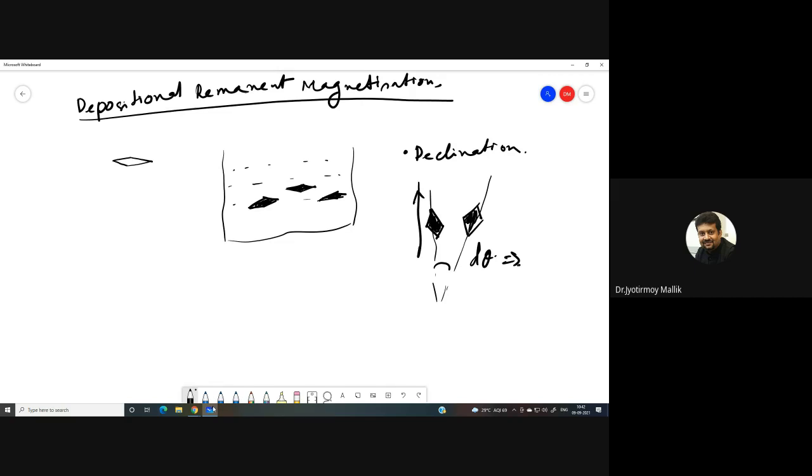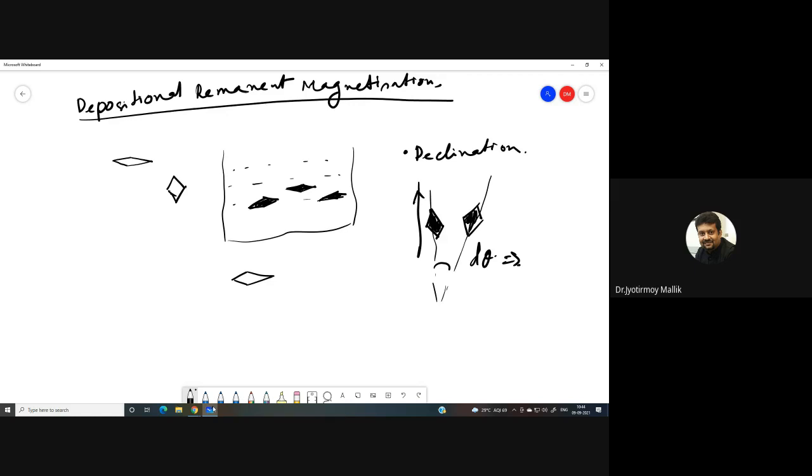Similarly, if this grain is being settled at the equator, then I should expect that the grain would settle down horizontally, if it is only because of the magnetic field. And if it is at the pole, it would settle down vertically, if it is only because of the magnetic field of the earth. This value is called inclination, as we had talked about before.